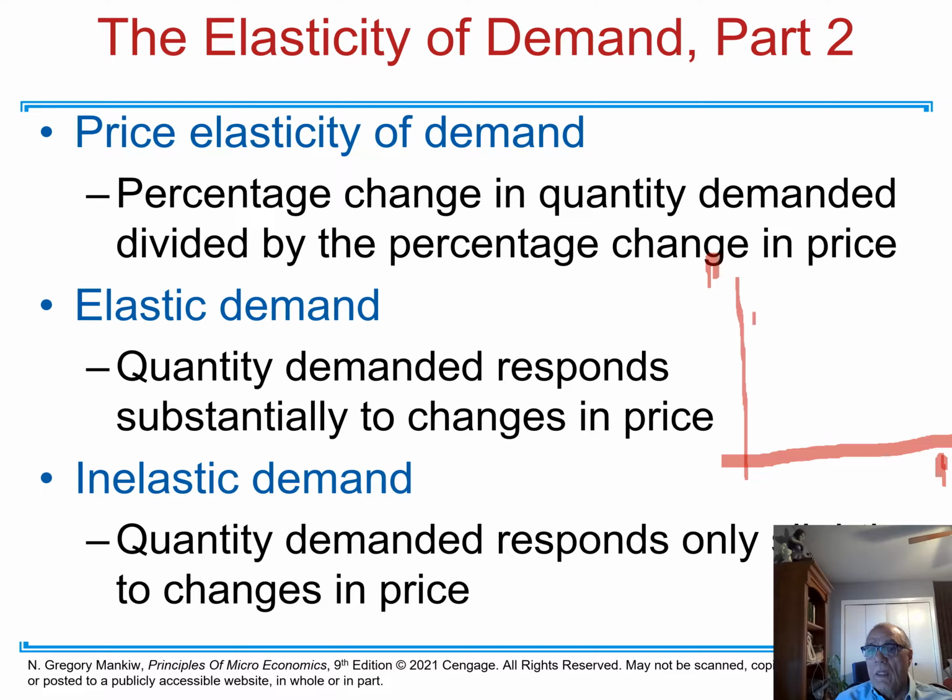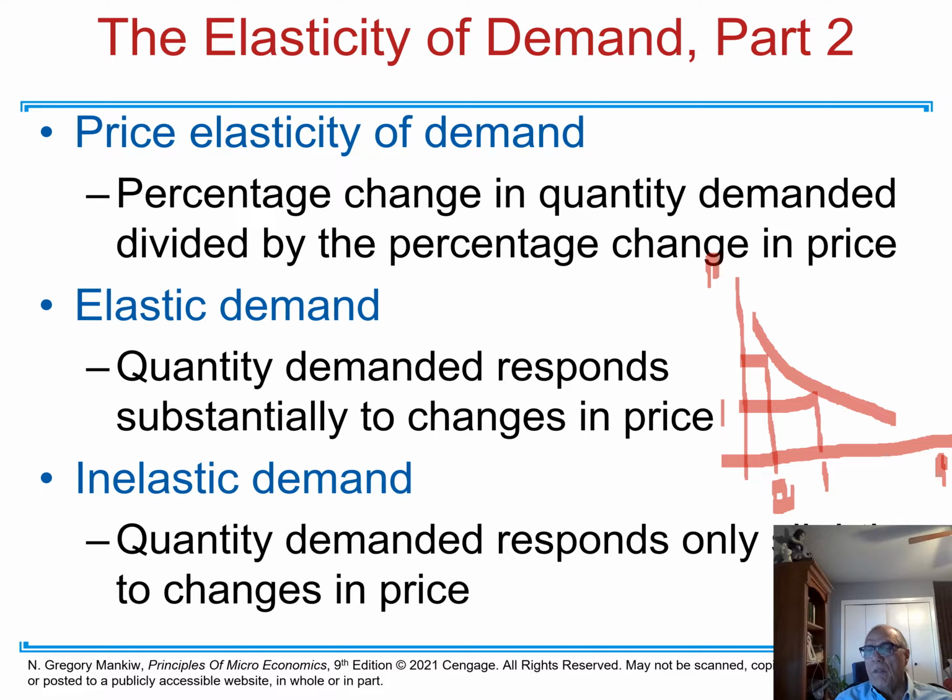Okay. Then we want to see if, for example, the price is here and quantity demanded is going to land in here. If the price goes up to here, how responsive are these buyers or demanders to the change of this price?